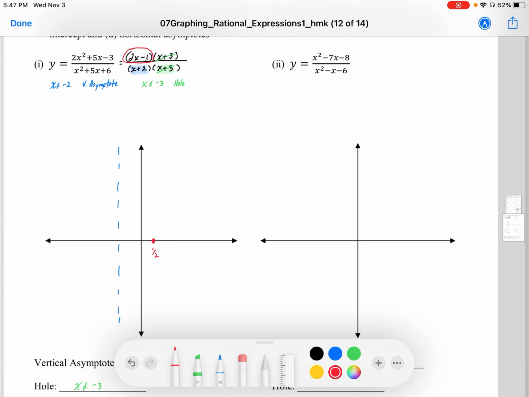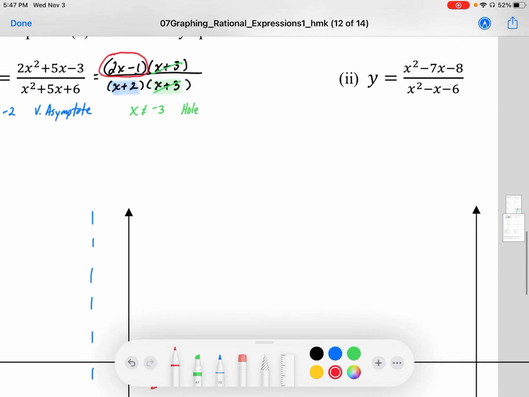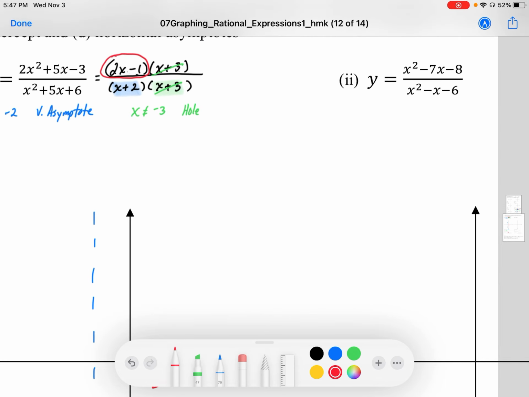The y-intercept, we can calculate y-intercepts by plugging in 0. So when I plug in 0, I'm going to get -1/2 in this equation here. But we could also look at that portion over here, and that's going to be -3/6, which is the same as -1/2. So that's going to be the y-intercept as well.